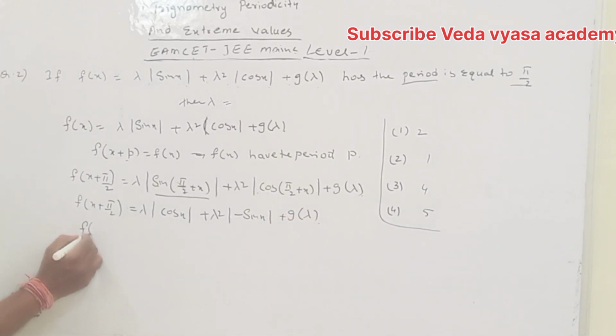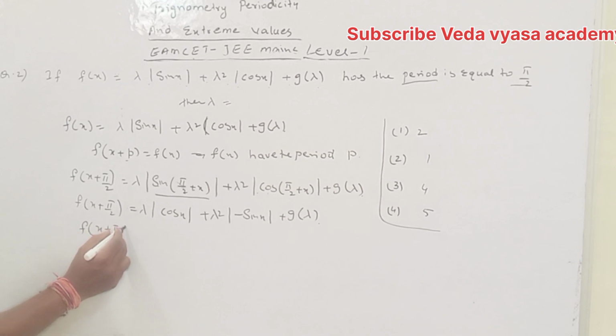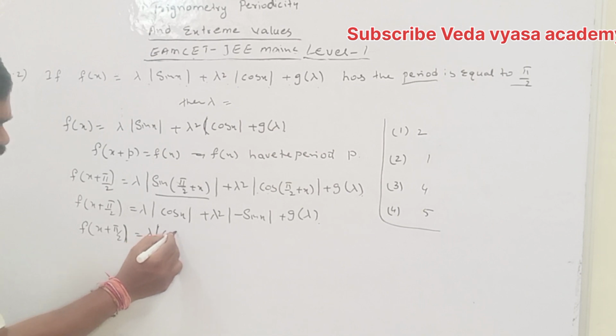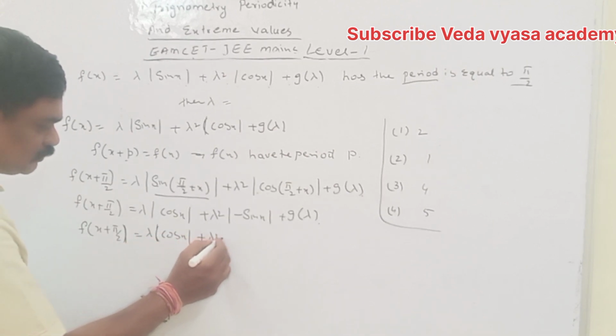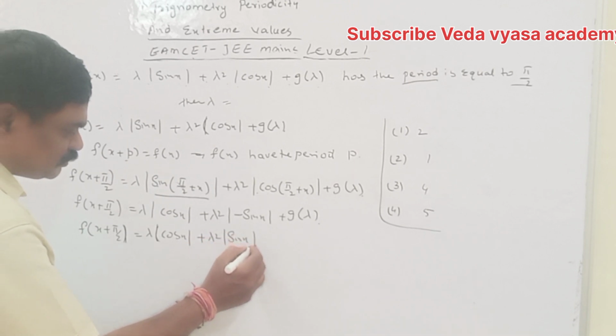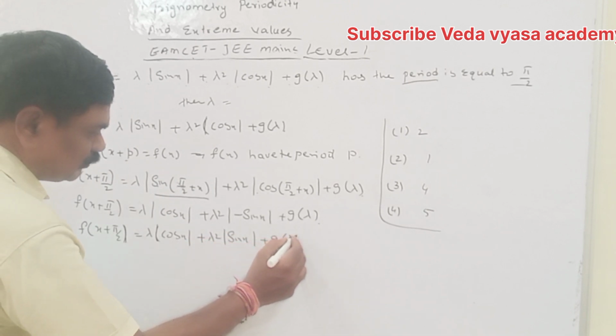So we have f(x + pi by 2) = λ|cos x| + λ²|sin x| + g(λ).